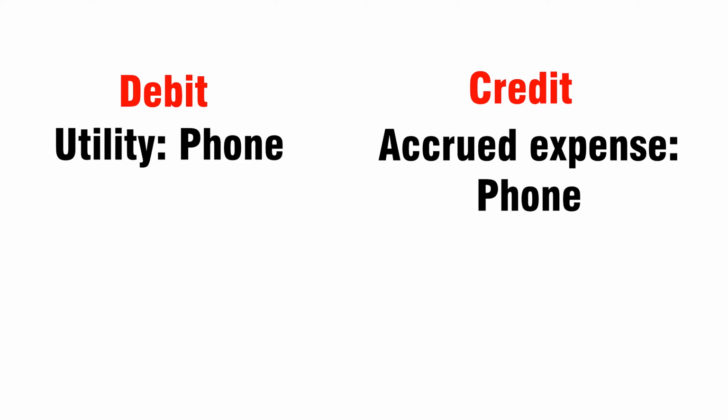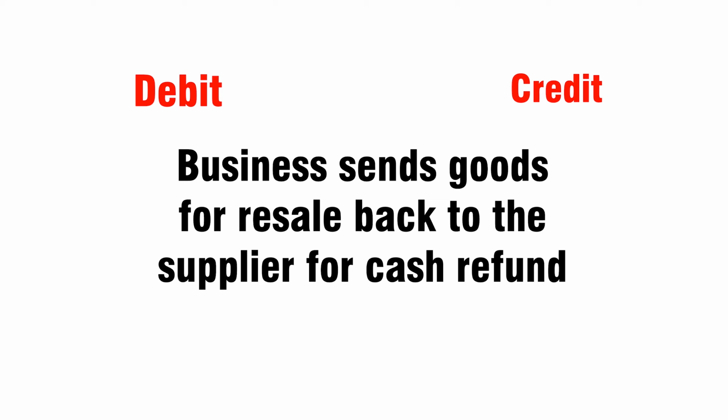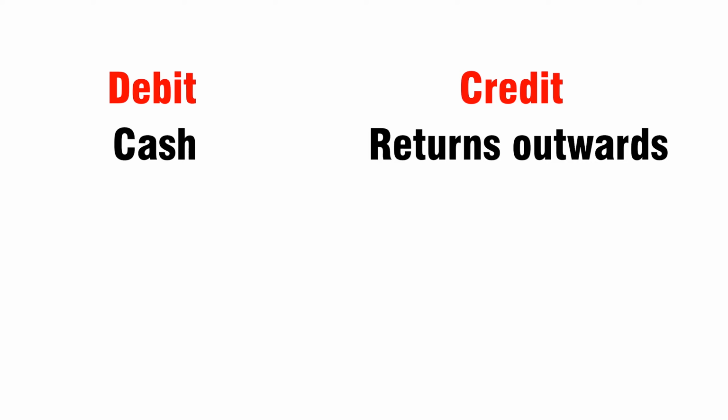Debit utility phone, credit accrued expense phone. Transaction 15. Business sends goods for resale back to the supplier for cash refund. Debit cash, credit returns outwards.